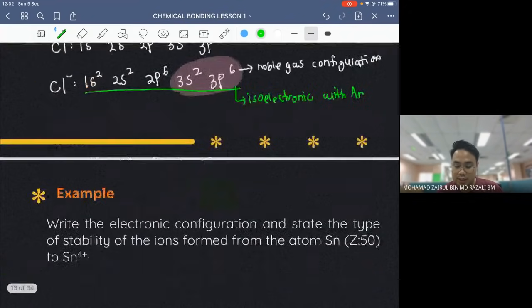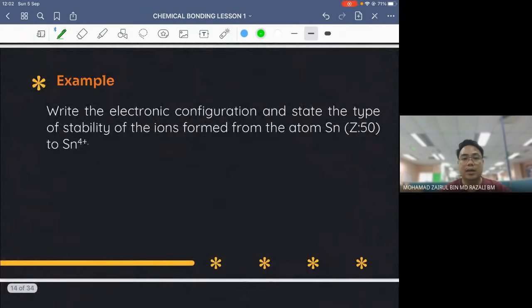Okay, so the second example, write the electronic configuration and state the type of stability of the ion formed from the atom Sn to Sn4+. Okay, Sn is an atom with 50 proton.